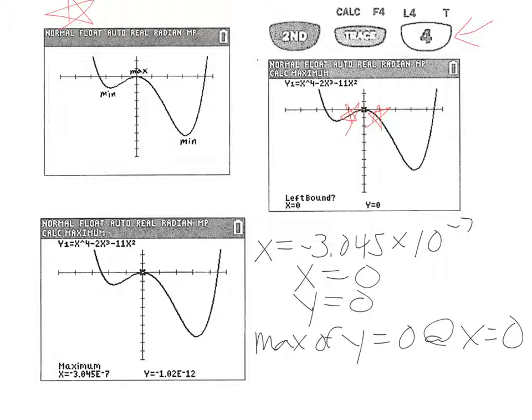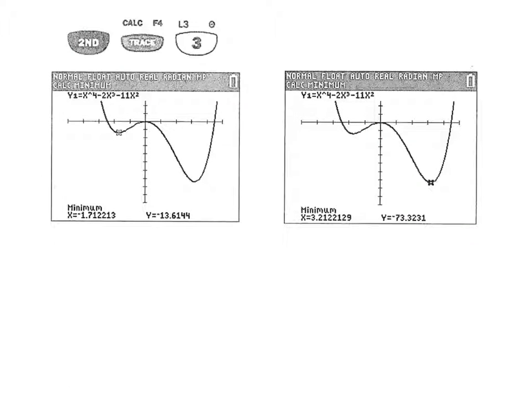Now we have to find the two minimums. So this time you'll push second trace 3 for minimum. And the first screen is of the farthest left minimum. They'll ask you to go to the left, they'll ask you to go to the right, and then guess. And so there's the minimum. And we will write that minimum of y equals negative 13.61 at x equals negative 1.71.